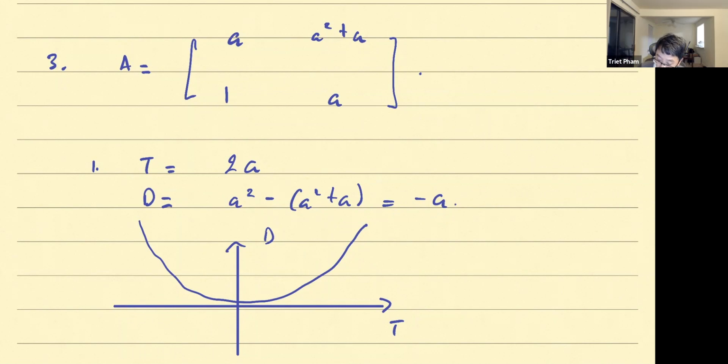You want to solve for d as a function of t, and it's clear that d is minus 1/2 t. So it's going to be a line with slope minus 1/2, like that.